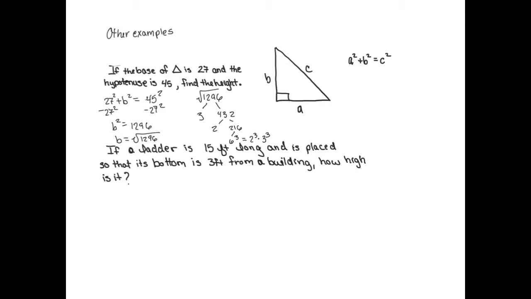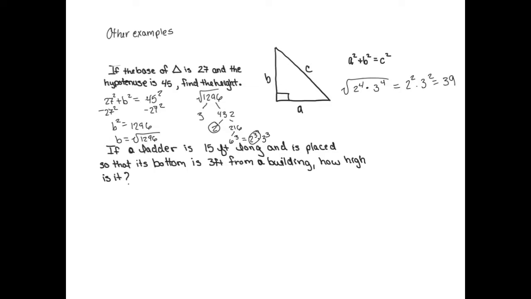So we're looking at the square root of 2 to the 4th power, because we have 2 times 2 to the third, times 3 to the 4th power. So we go ahead and divide each of these exponents by 2, and we get 2 squared times 3 squared, which is equal to 4 times 3, or 36.